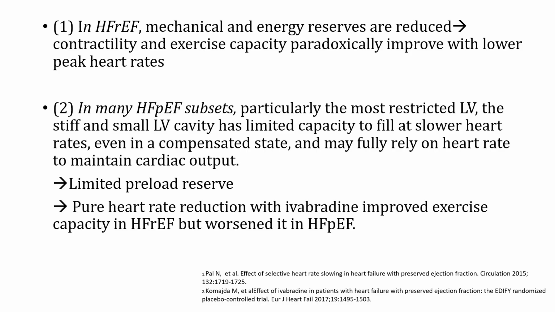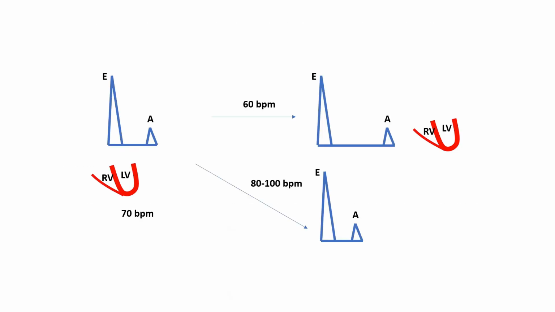Therefore, that explains why pure heart rate reduction with ivabradine has improved exercise capacity in heart failure with reduced EF, but has worsened it in two trials of heart failure with preserved EF. These patients have limited capacity to use the Frank-Starling curve.